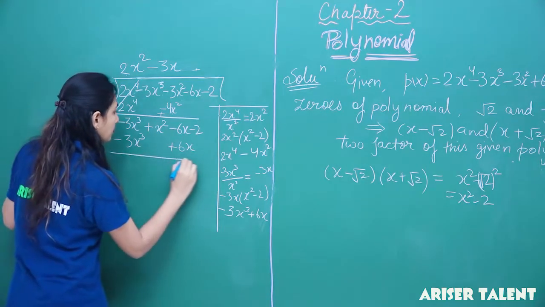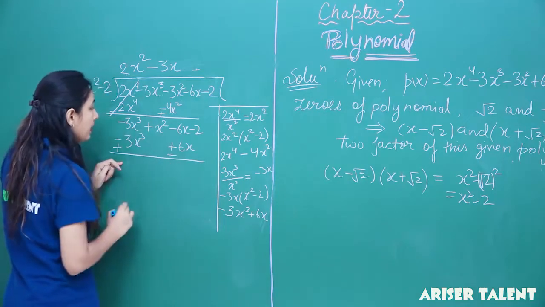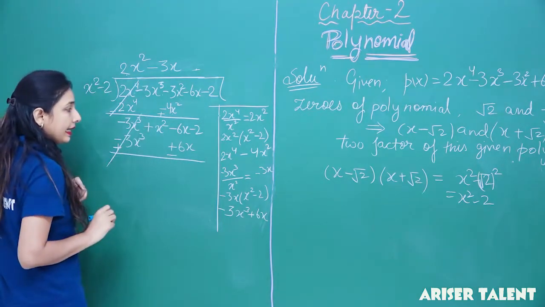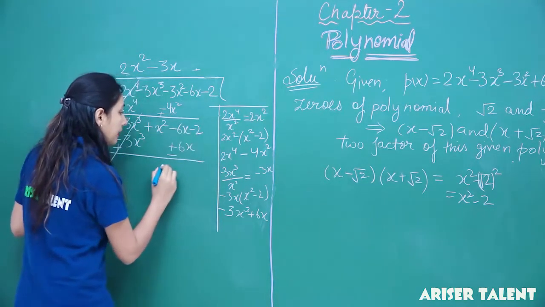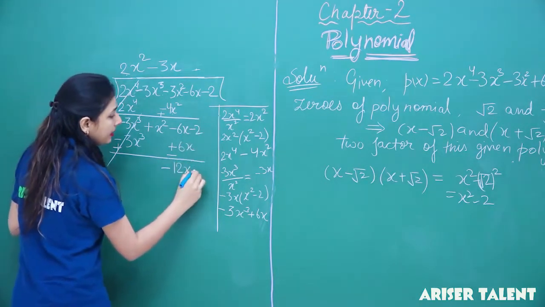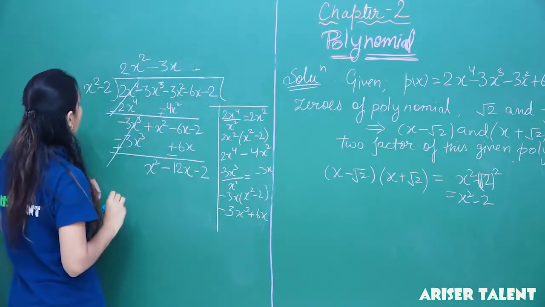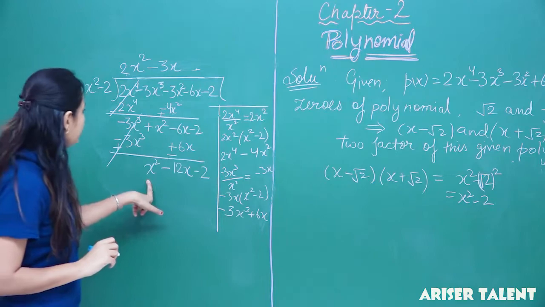Okay. Now, that will be plus and here will be minus. So, it will cancel out again, and you will be having x square here.